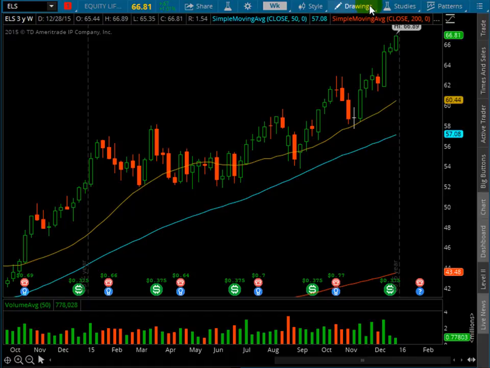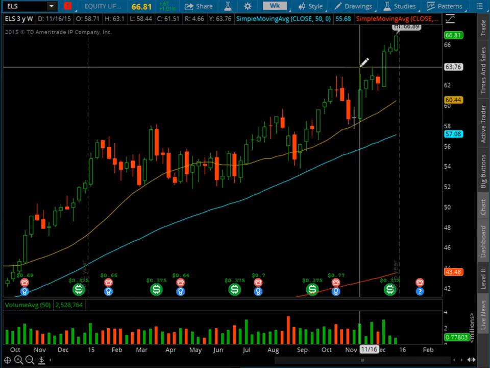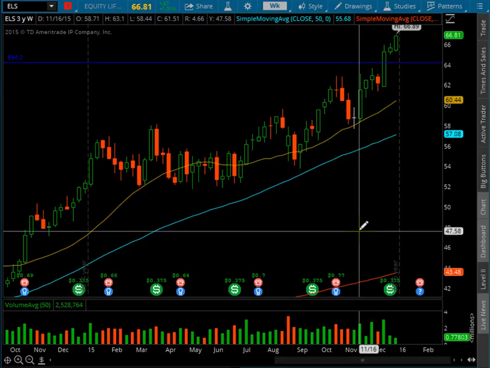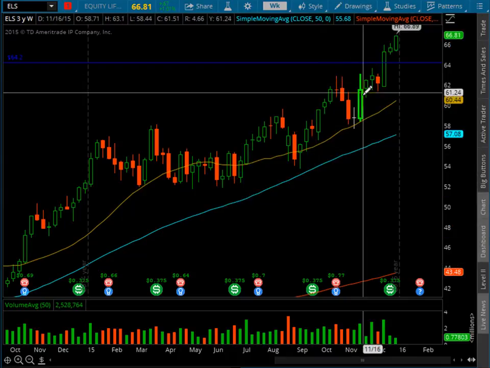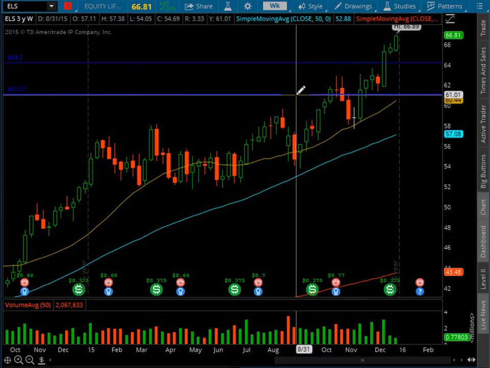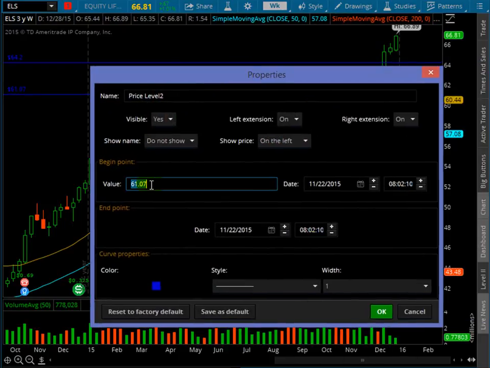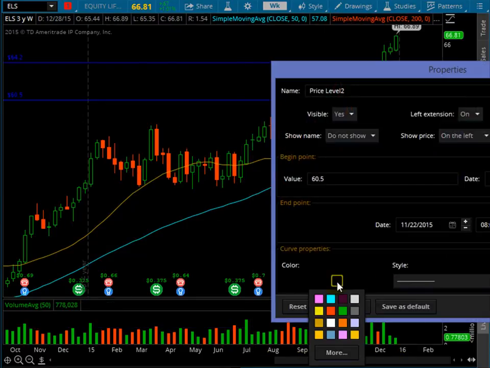So let's line up the price levels on here. That person said 63.60. Let me put one line there, and then had stop at 60.50. Let's make it a little bit professional, right?